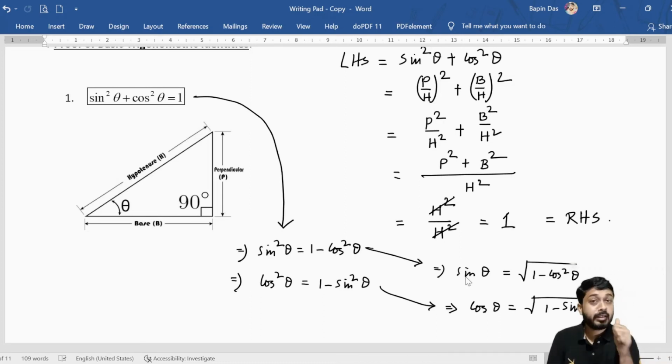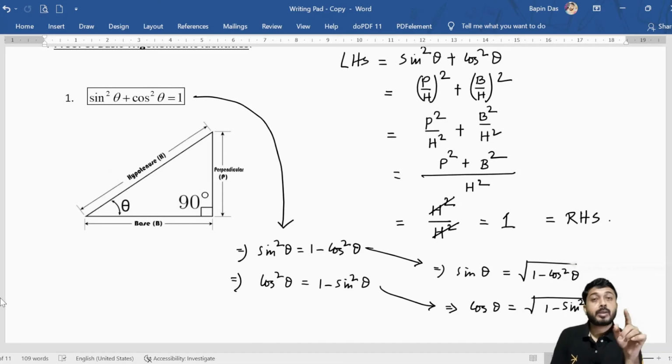You got to learn a very new thing: sine square theta plus cos square theta equal to 1. Very basic and fundamental things are the three basic trigonometrical ratios of acute angles: sine theta, cos theta, and the third one is tan theta. Sine theta equal to p by h, cos theta equal to b by h, and tan theta equal to p by b. Keep it in mind, remember, okay.